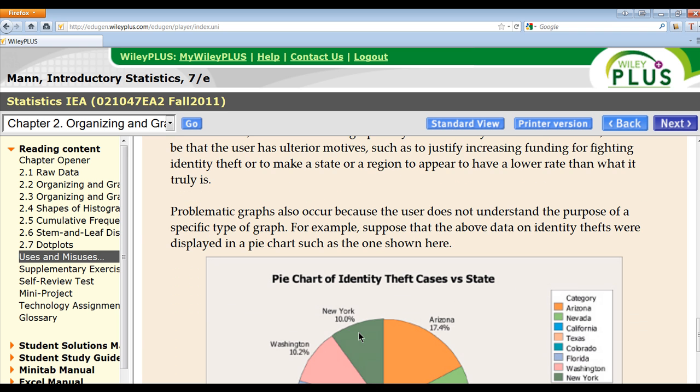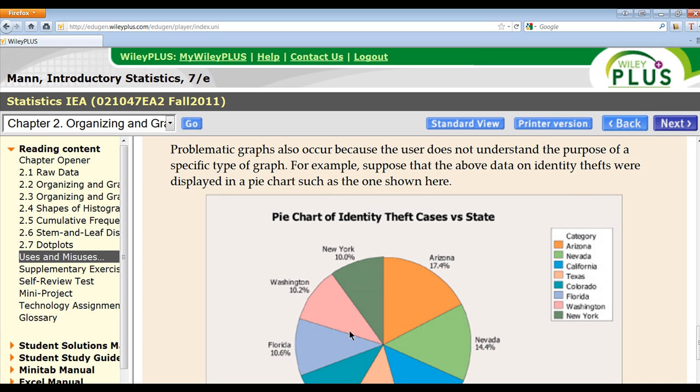And one more example of how graphs can be misleading. Problematic graphs also occur because the user does not understand the purpose of a specific type of graph. For example, suppose the above data on identity thefts were displayed in a pie chart, such as the one shown here. Now remember, for a pie chart, you're supposed to include all possible sources, not just part.